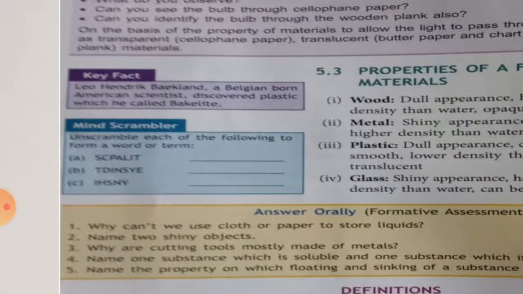Now key fact: Leo Hendrik Baekeland, a Belgian born American scientist, discovered plastic which he called bakelite. So bakelite is a plastic.